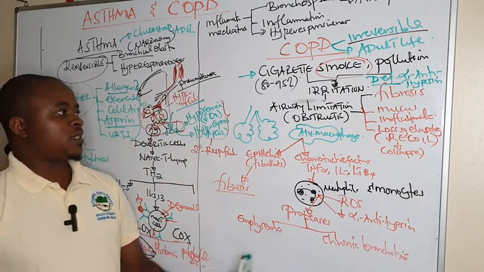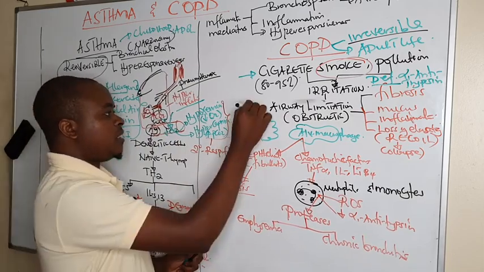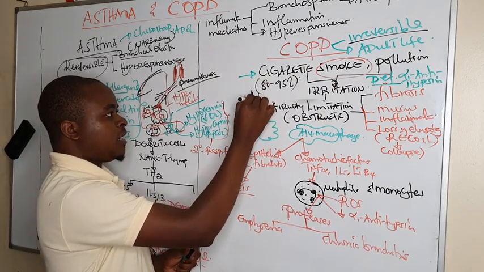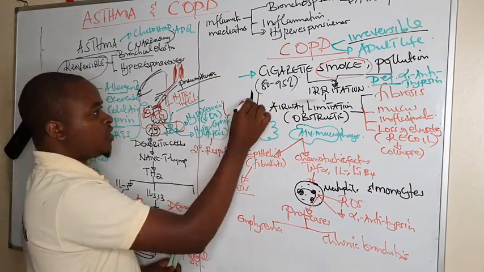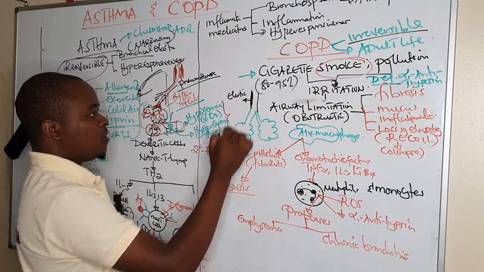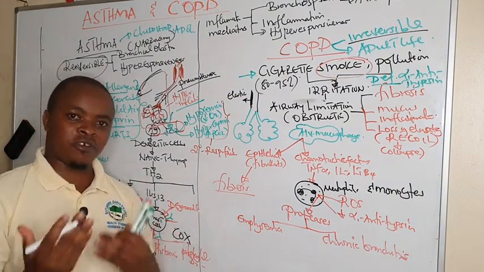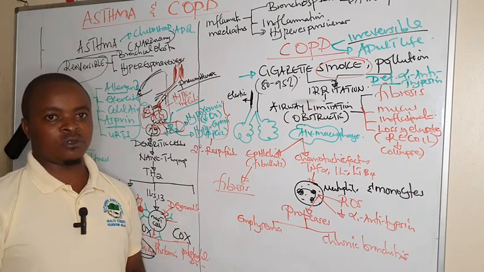When these proteases go and digest the airways, those are the bronchioles, they start digesting the elastin tissue. These bronchioles are going to lose elasticity and can undergo collapse, or they lose their recoiling activity, which can lead to collapse of these tubes.